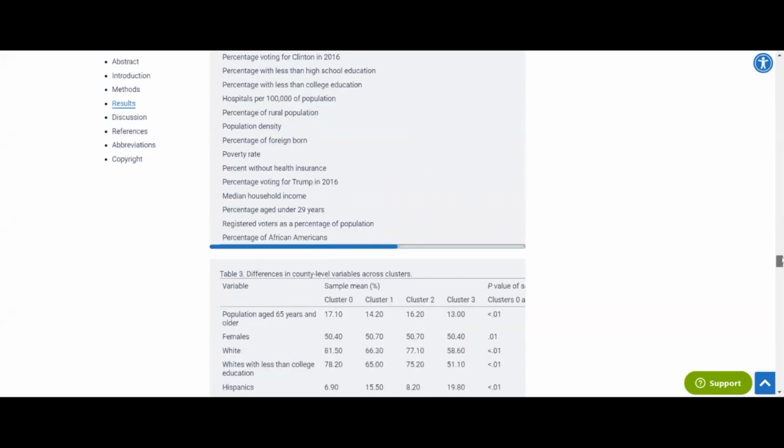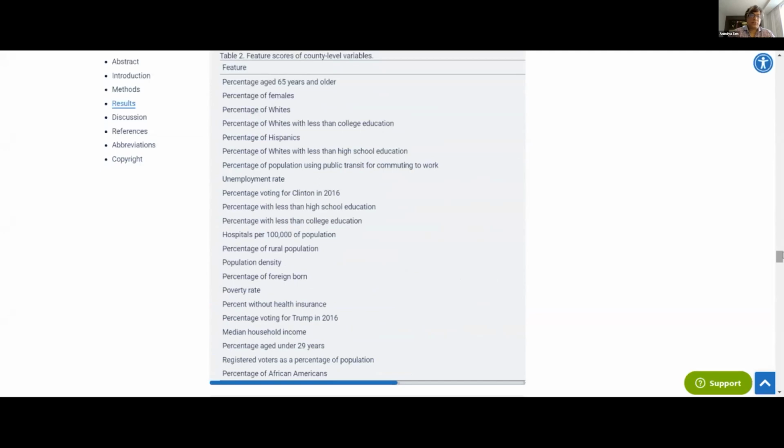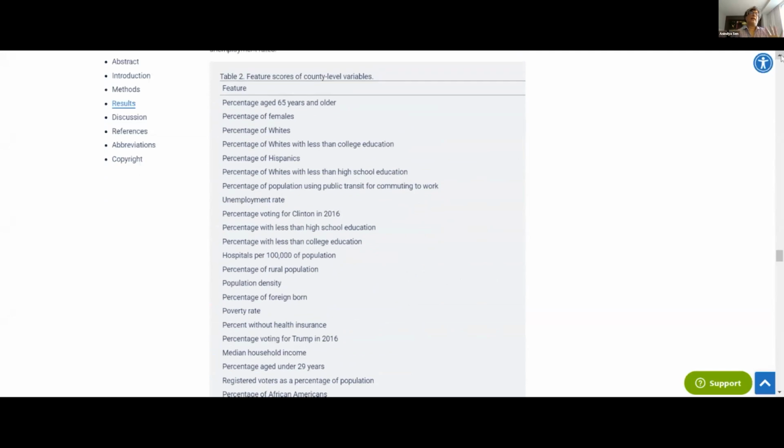Yes. Okay, so then machine learning also allows you to compute what we call feature scores, that is, when we divide the data into clusters, what variables are the most important. And when you look at the data, what sort of pops out is education is important.